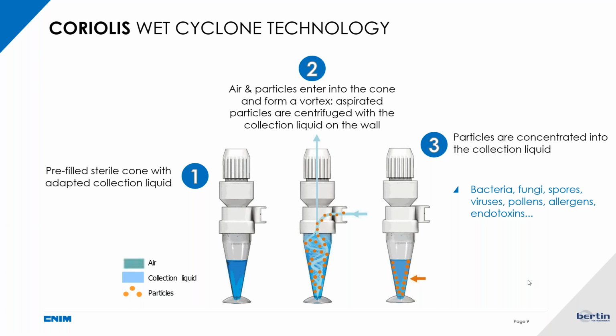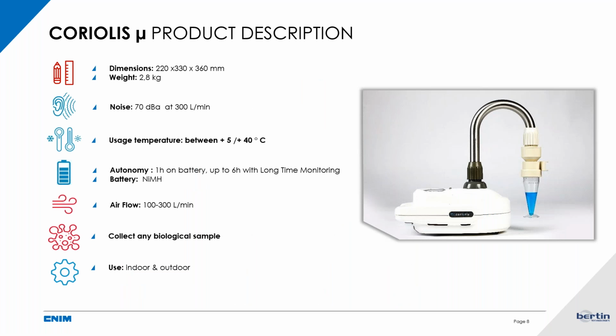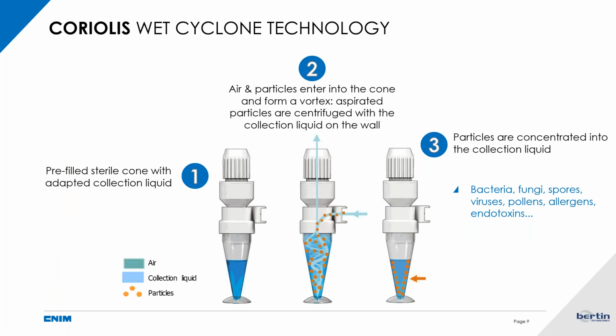I will go back to the previous slide to see the Coriolis Micro, and then you have the Coriolis wave cyclone technology, which is explained. So you have a cone, which is pre-filled with adapted collection liquid.